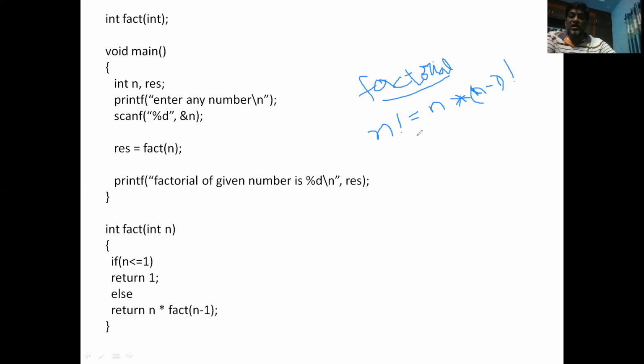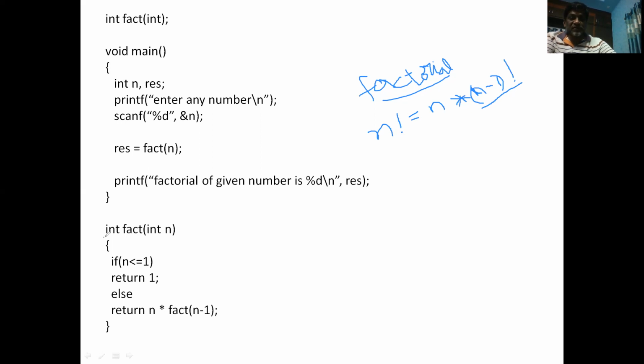If you observe this formula, the question is what is n factorial, and the answer is again n into n minus 1 factorial. So the answer is defined in terms of the original problem but reduced. Originally it is n factorial, now it is n minus 1 factorial. So n into n minus 1 factorial is a recurrence relation that defines the n factorial formula. We are going to make use of this concept to implement the recursive function for calculating the factorial of a given number.